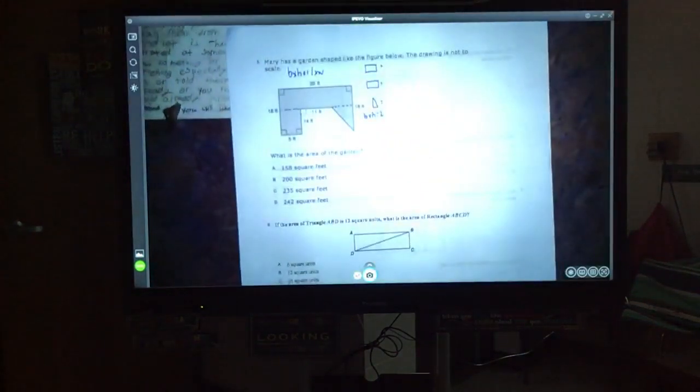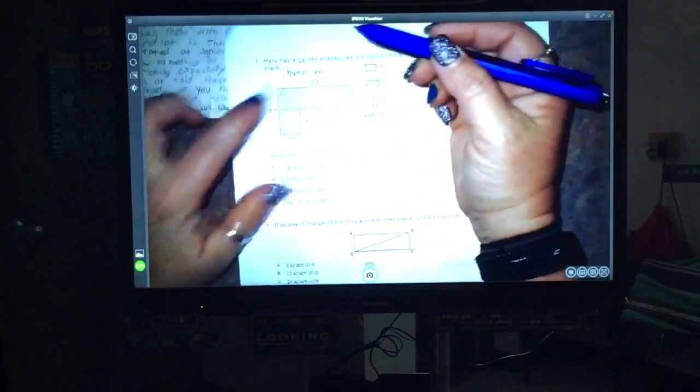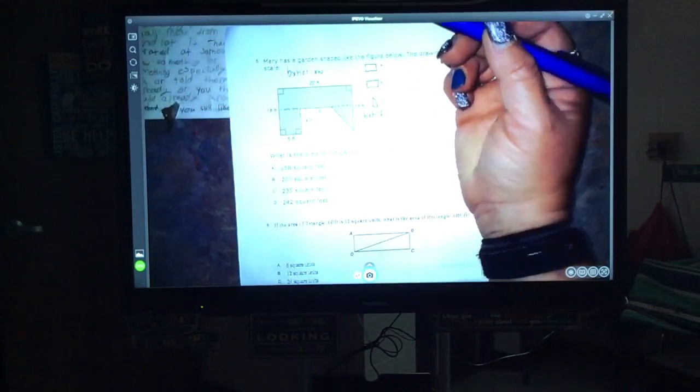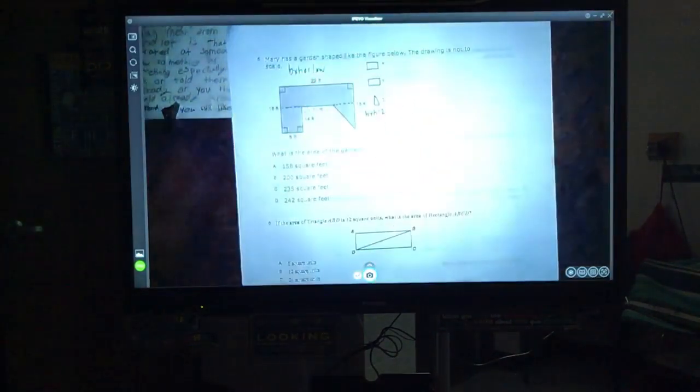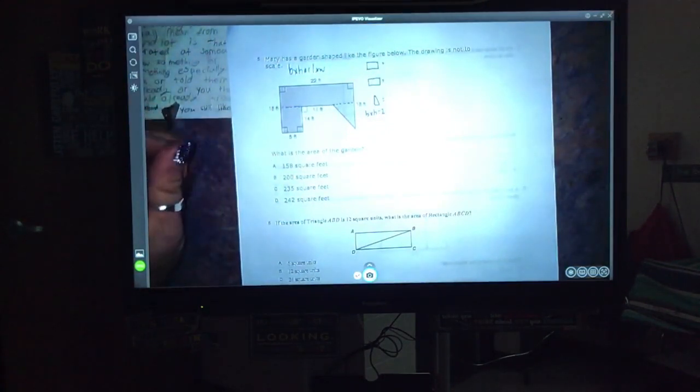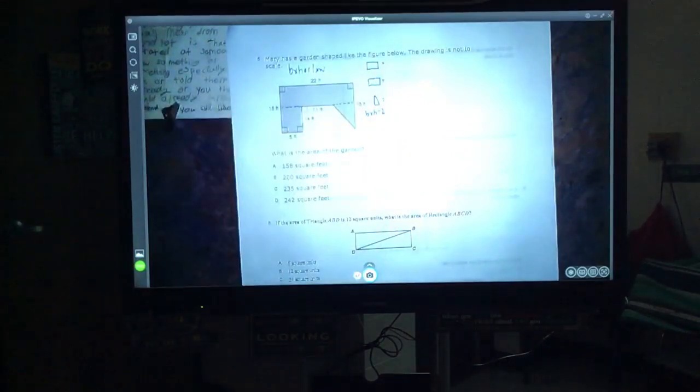All right, so for this top rectangle, I have one number, but I don't have my other number, right? So how do I go about figuring out what the length or the width or the height of my rectangle is? What do I have to do? Do I just pick any number that's on there and do that? What do I have to do, Ronnie? You have to cut it up.